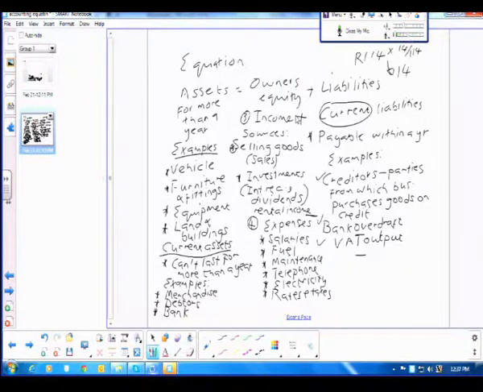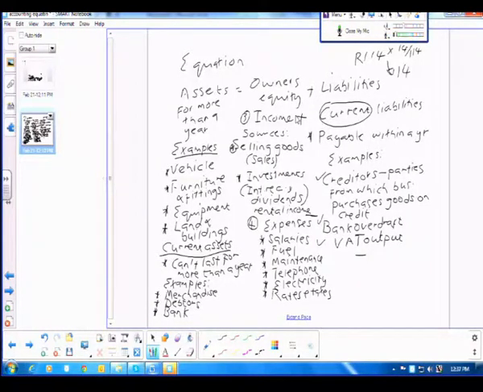So we say, as the owner, you come, contribute some money, combine it with liabilities to get your assets. And we say assets have got two categories, non-current and current. And liabilities also have similar categories, non-current and current. And when it comes to owner's equity, it has four elements.